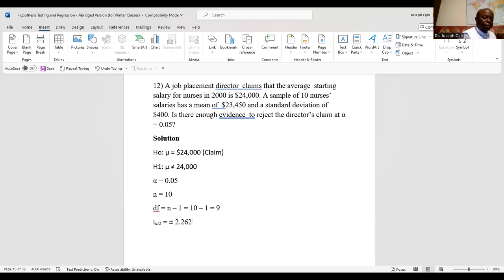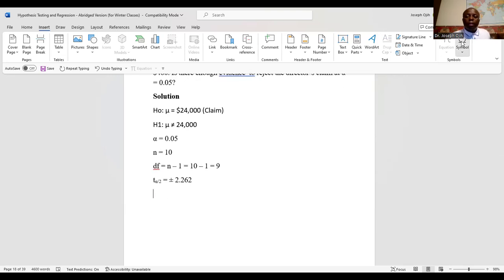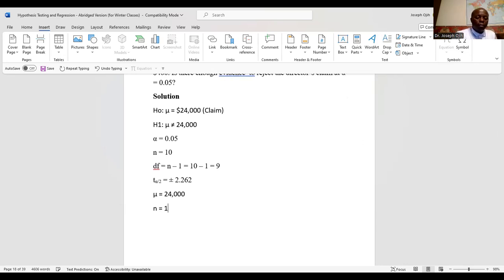Okay, good. Now with this, we can get our summary statistics. Our summary statistics say that the mean is 24,000. Now, for a sample of n equals 10 nurses, let them know the sample mean, x bar.